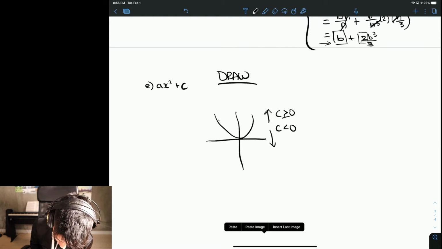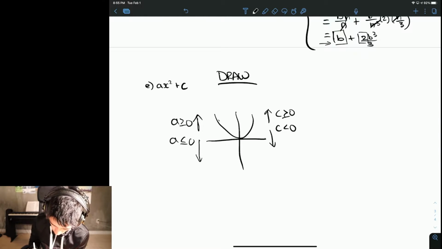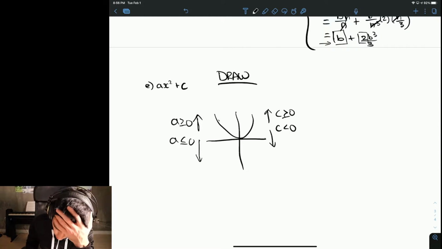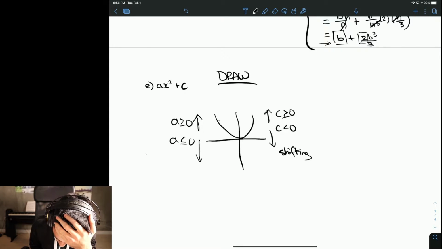And then the direction as well will go up or down depending on a, if it's greater than or equal to 0, or a is less than or equal to 0. This is shifting. This is something like reflection.